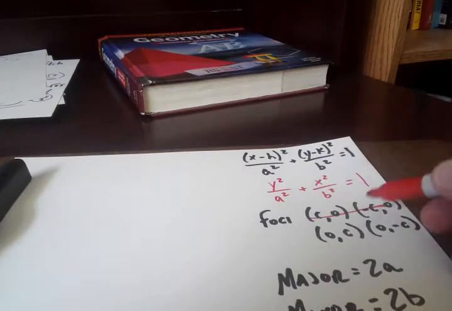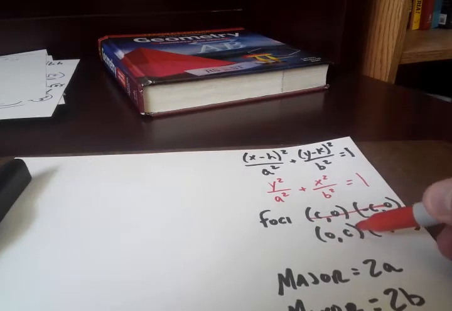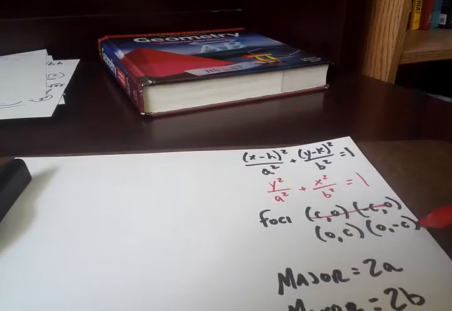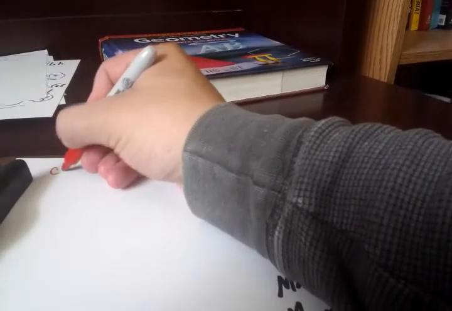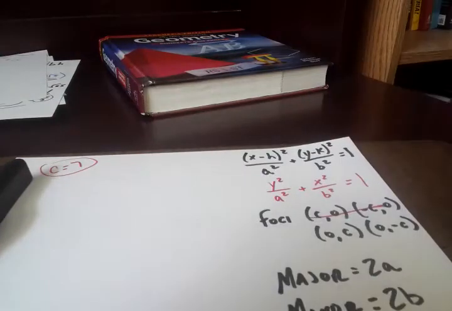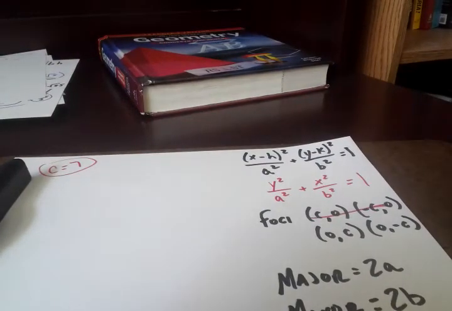And if you look, the foci were 0, 7, and 0, negative 7. So what does the c value equal? Well, it equals 7. So I'm going to write that over here because we will need c later. Again, if you have any questions on this, just drop them in the comments because I know this is a tricky thing here.